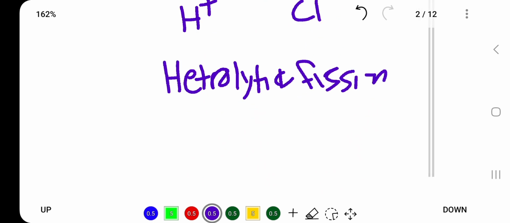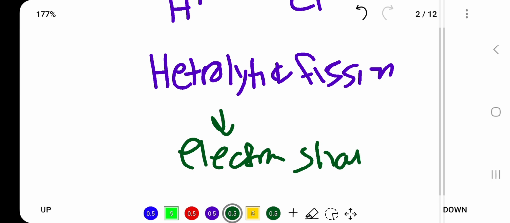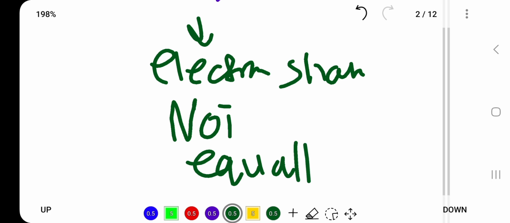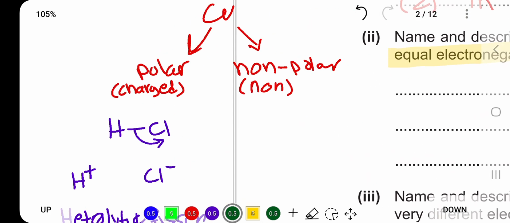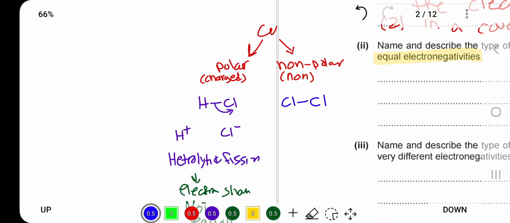The electron share is not equal. By the way, again, I'm sorry for the bad handwriting. Now, for non-polar, I'll give you an easy one, Cl2.